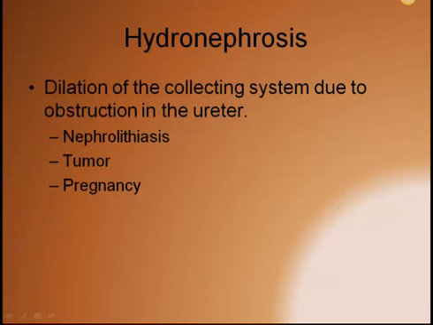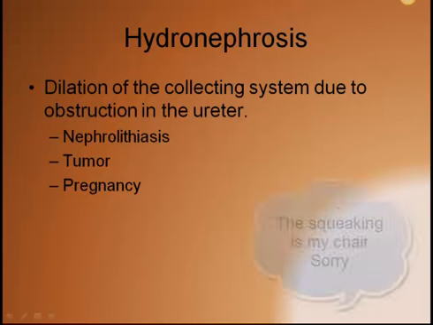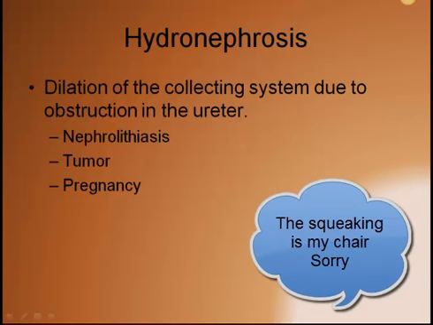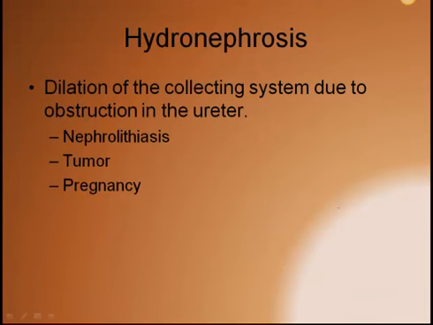Now, even though there's a lot of different reasons why somebody can get hydronephrosis, the bottom line is we're talking about a dilation of the collecting system, the calyces and the renal pelvis. This is going to happen because there's an obstruction in the ureter. It can happen because of kidney stones. It can happen because of tumors. God help us all, it can happen because of a pregnancy.